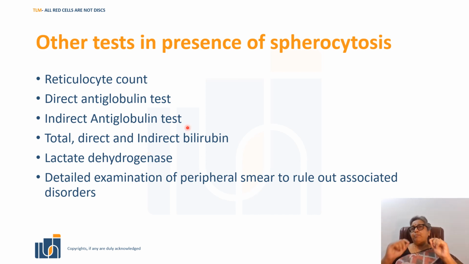But the most important test to diagnose the presence of spherocytes and the cause for the presence of spherocytes is a very detailed examination of the peripheral smear by an expert, someone trained to look at peripheral smears and trained to look at red cell abnormalities. So it's not just enough to pick up spherocytes, you have to determine the reason for the presence of those spherocytes in the peripheral blood smear.